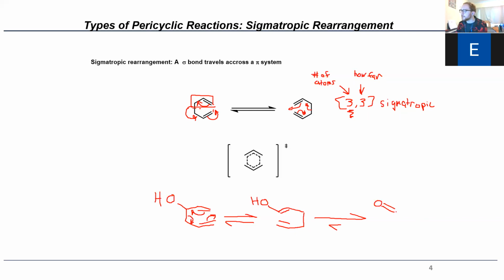We talked about this earlier this semester in aldol chemistry. And so in this way, there is a relatively thermoneutral equilibrium followed by a more thermodynamically favored tautomerization process, and it drives the whole process to the right.